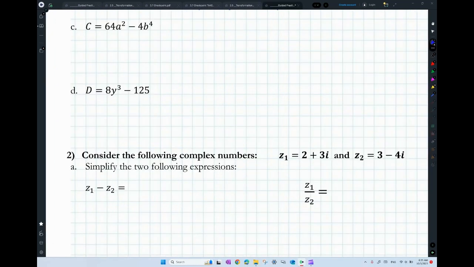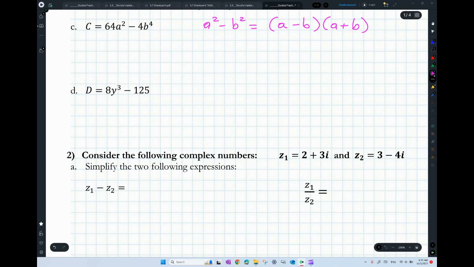Problem C, you may recognize the difference of two squares. And when you have the difference of two squares, you can just follow that pattern. You should be familiar with this. But do not forget first to factor out the GCD.